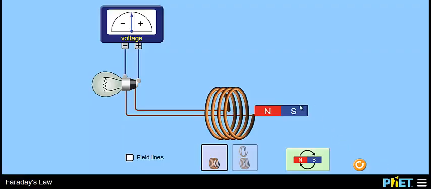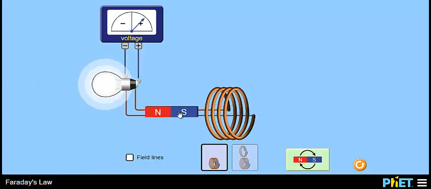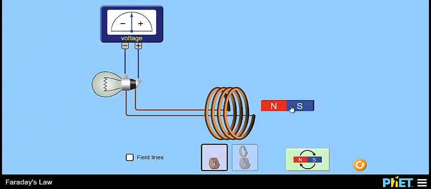How about if we move the magnet with different velocity? Pay attention to the lamp and the galvanometer needle. And the second, more slowly than before.